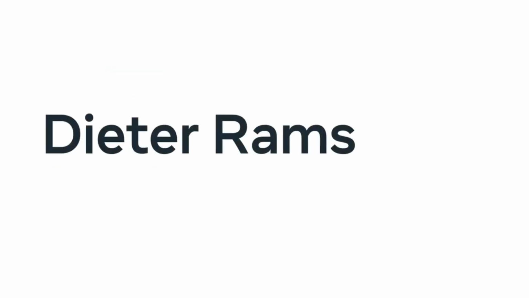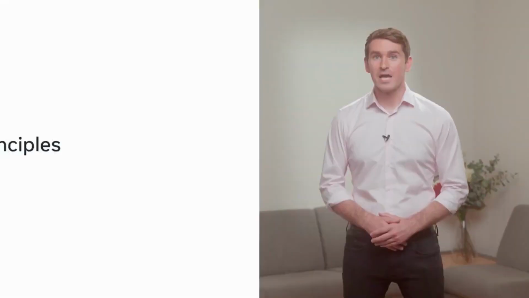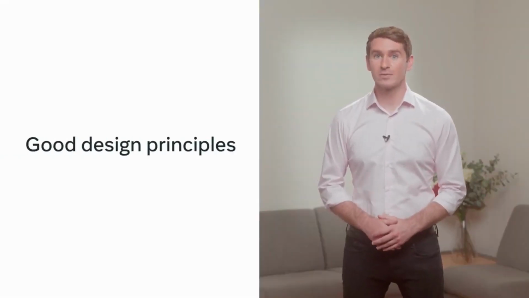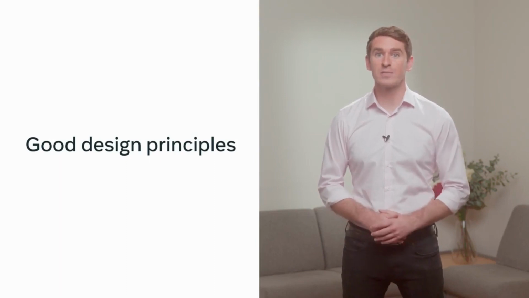Dieter Rams was a German industrial designer, an academic, and very influential in the world of UX/UI. His designs have a long-lasting appeal and are still valued and influence designers today. He wrote the 10 Good Design Principles, which serves as a good evaluation methodology for all designers. Another important methodology is Jakob Nielsen's 10 Usability Heuristics for User Interface Design.